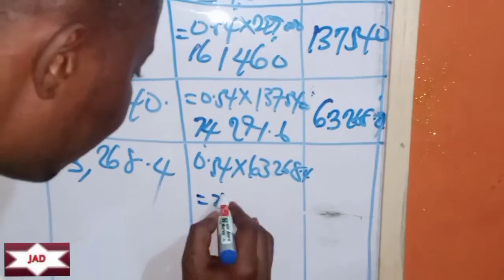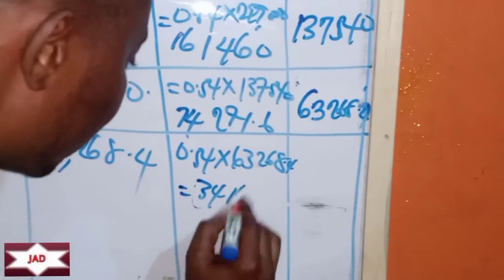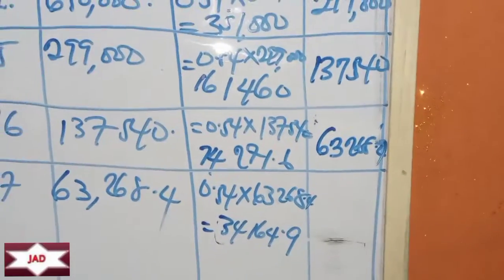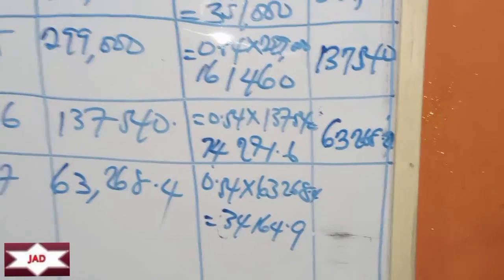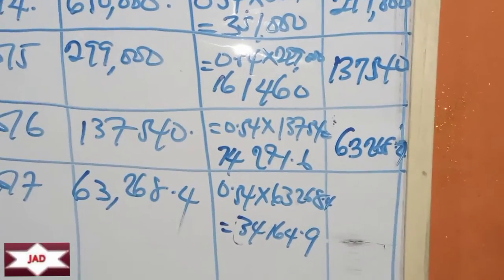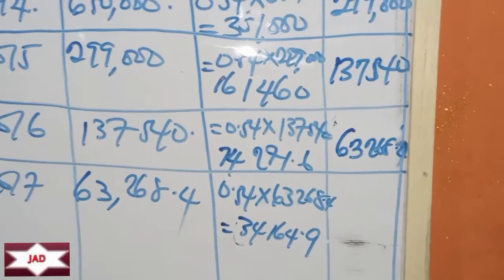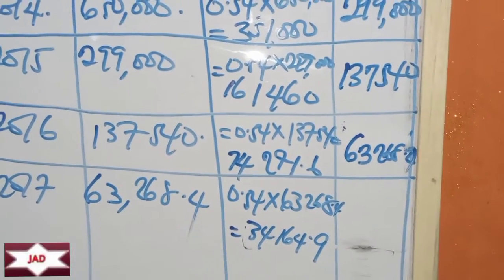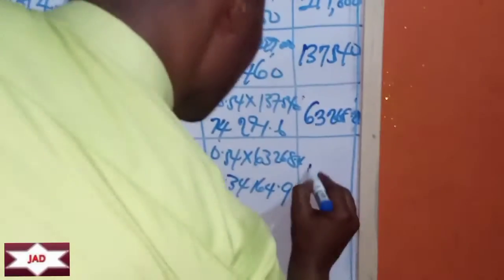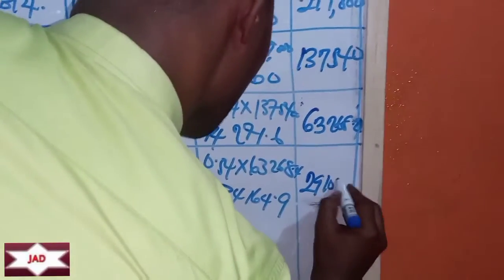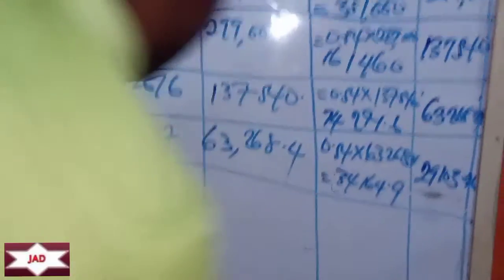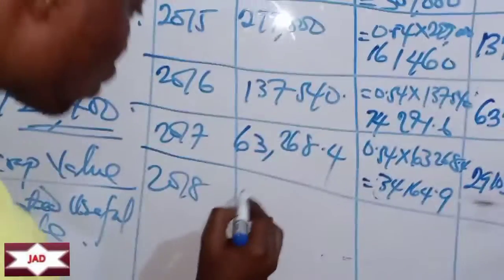So we say 63,268.4 minus 34,164.9, and I have 29,103.46.